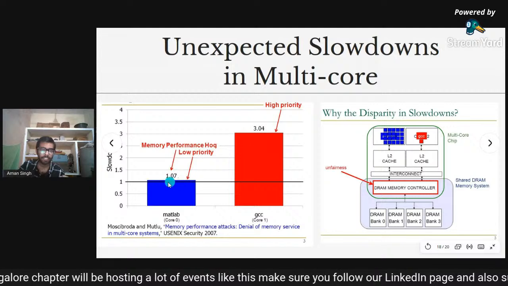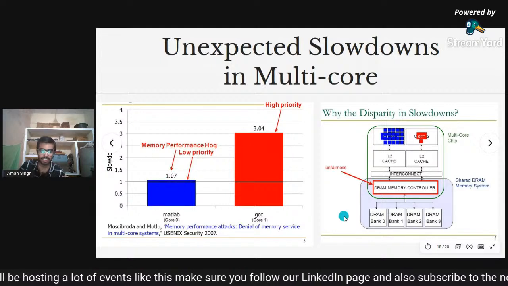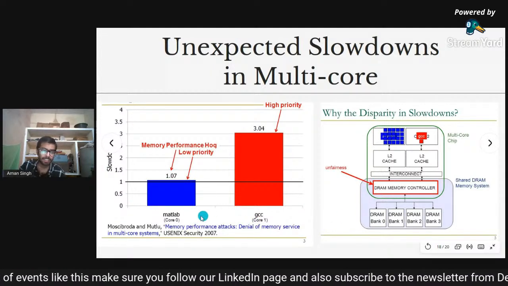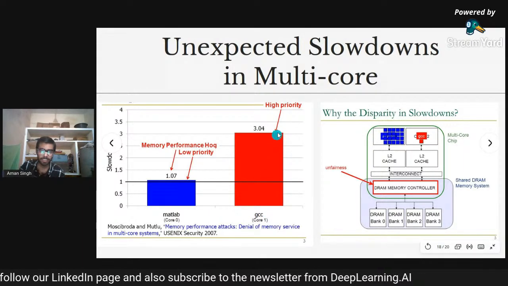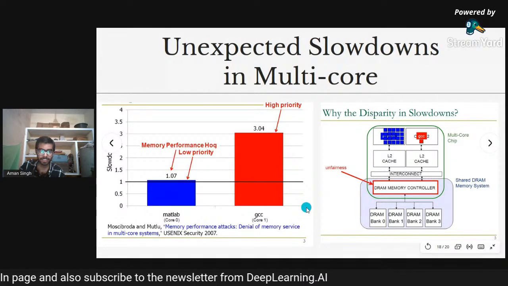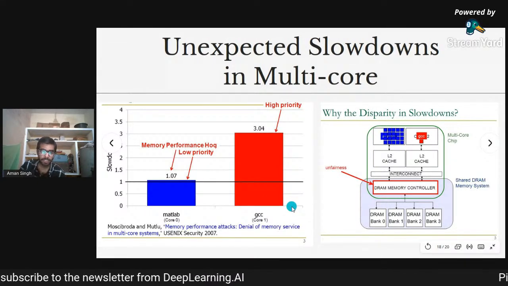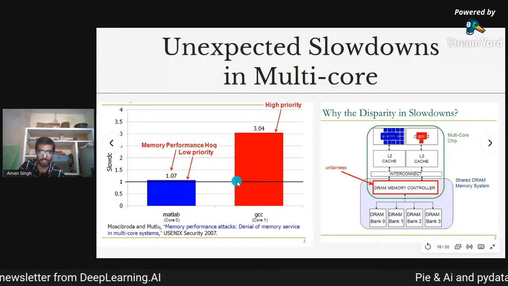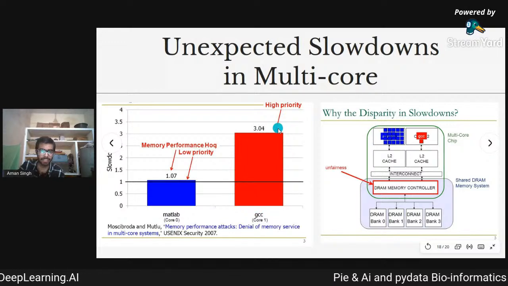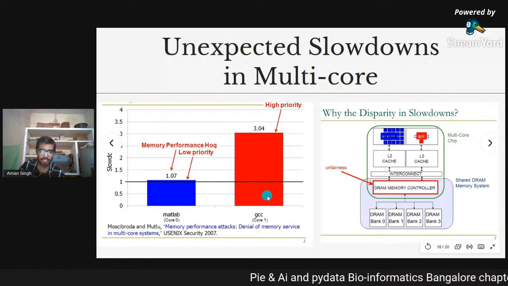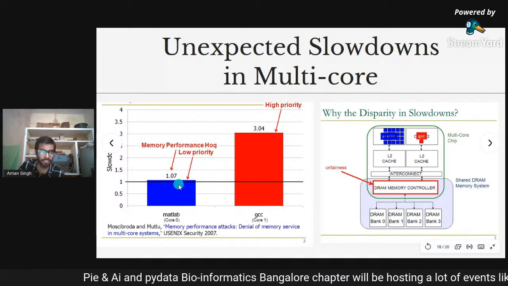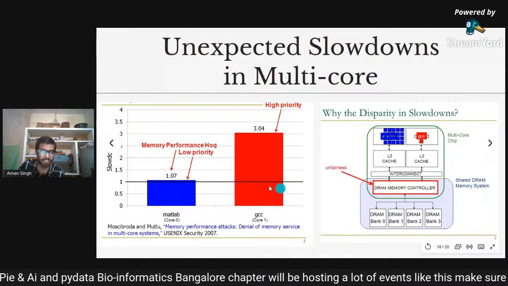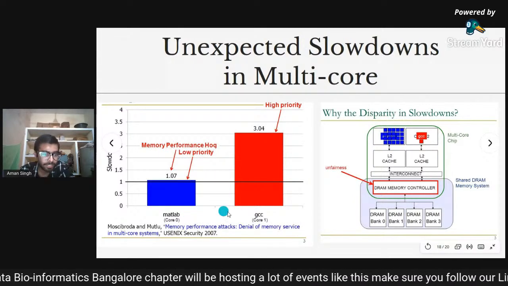There was an experiment where we ran MATLAB and GCC in the same system, and what happened is that high priority was given to GCC and low priority was given to MATLAB.